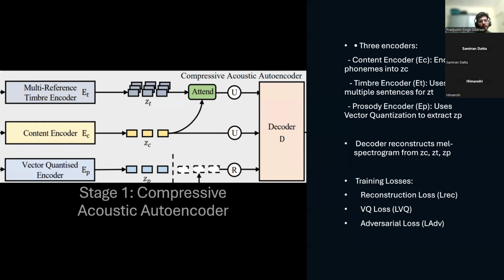Then we expect an output from a decoder, which will combine all those things, and it will give us an output which will be very similar to what the ground truth input was. Then a reconstruction loss is applied between them, and this is how the whole idea works.